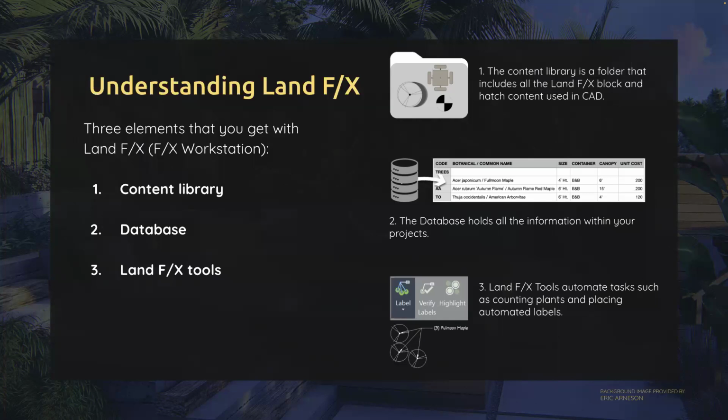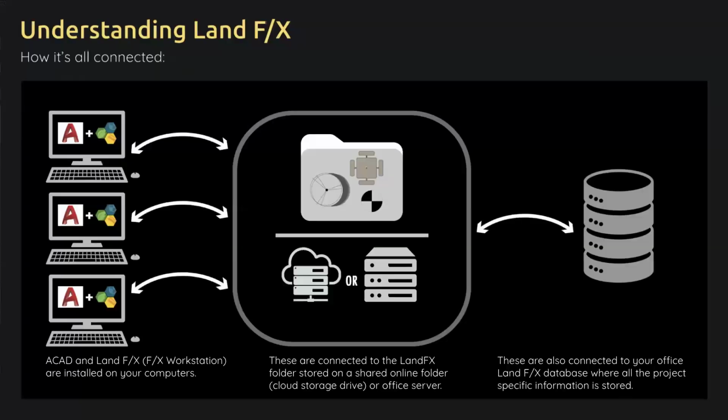So the database holds all of the information within your projects. And then the LandFX tools, number 3, automate these tasks. Tasks such as counting plants automatically, placing schedules with a couple clicks of a mouse, automating labels. All that is done with the combination of the content and the data behind it.